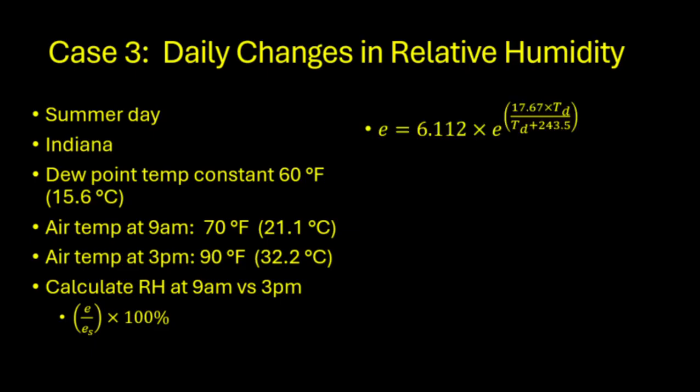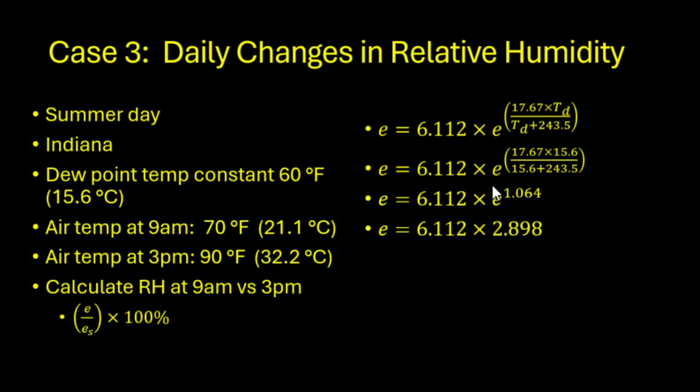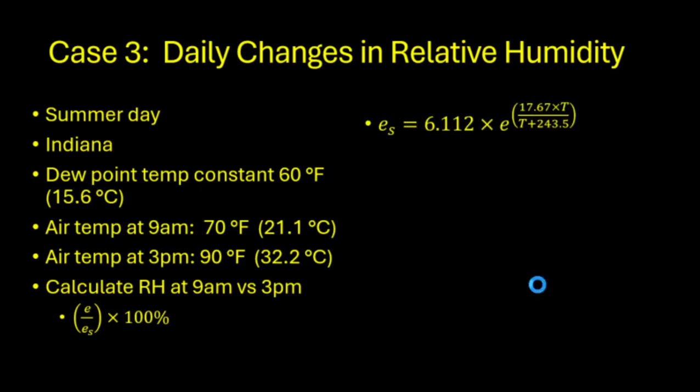So let's first off find out that E, or the actual vapor pressure. And that's where we're going to then plug in the dew point temperature, that constant number, which is 15.6. So I got that 15.6, plug it in. And our result of all of that is an actual vapor pressure of 17.7 hectopascals. Now for the morning, let's find the air temperature.